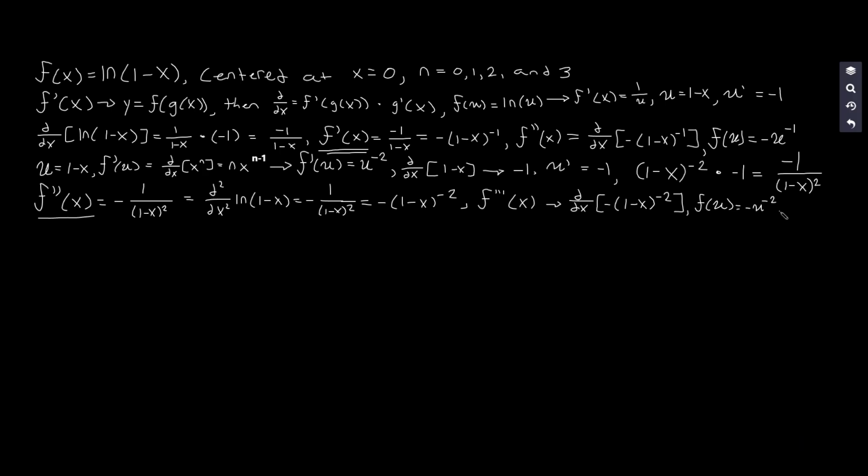And then we have to take the derivative of that, right? So f prime of u equals, I'm going to need more room for that, but I think it's going to be 2u raised to the negative third power. I'm not sure though. Let me just think about this for a second.